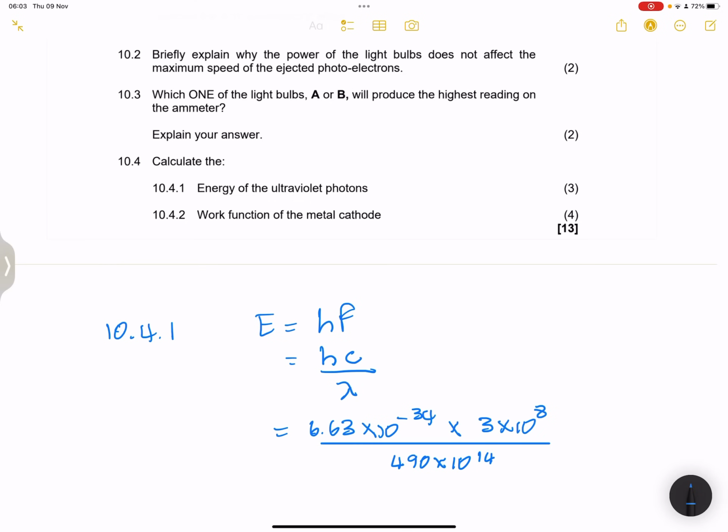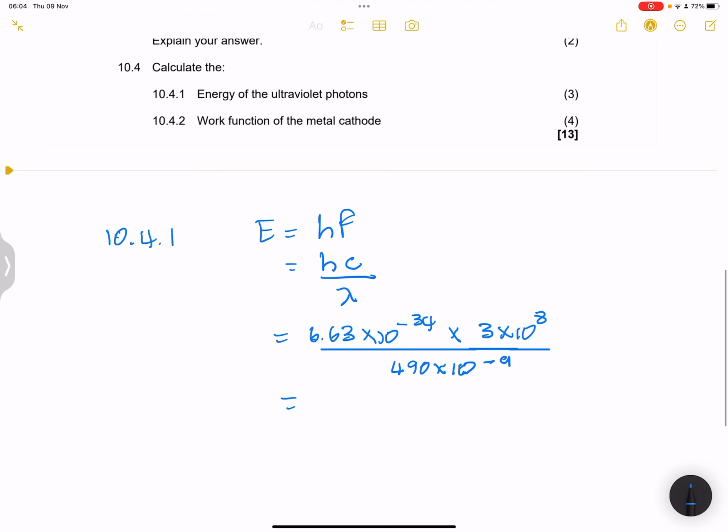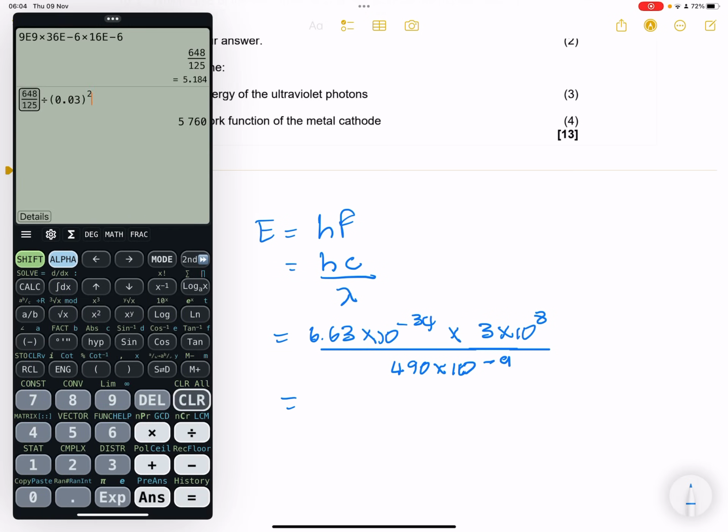This is times 10 to the power, nanometers, not 14. Nano is minus 9. Please remember that. So let's take that answer.